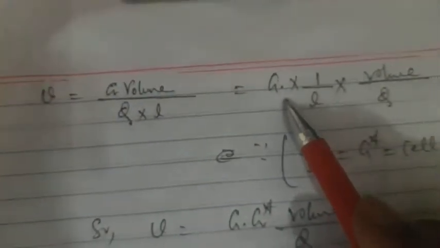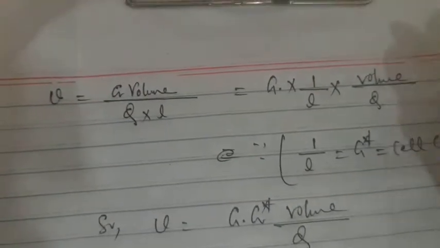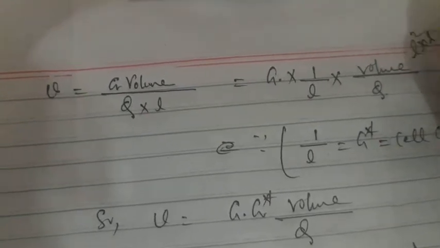And now the denominator and numerator are divided, and this numerator and denominator is multiplied by L. So finally, on the next page, we get ionic mobility u is equal to G into 1 by L into volume by Q. L square into L, that is LQ.